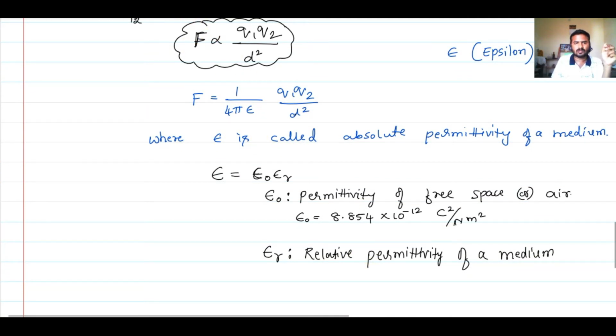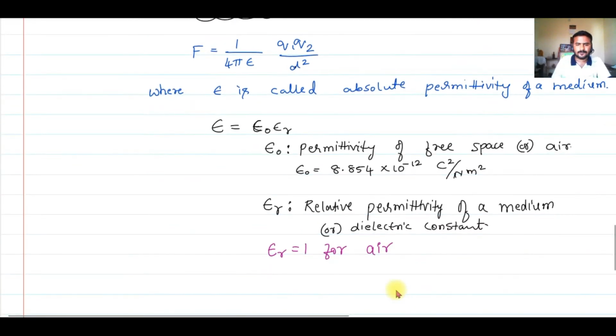Its value will be different for different materials. The epsilon r value for air is 1. Epsilon r equal to 1 for air, remember that. And the same epsilon r is infinity for conductor.